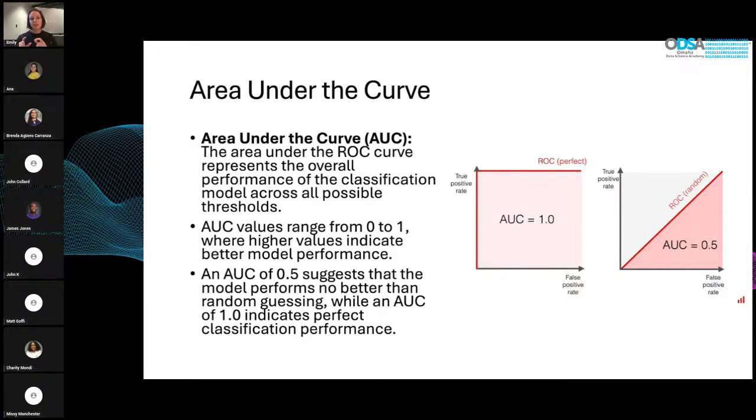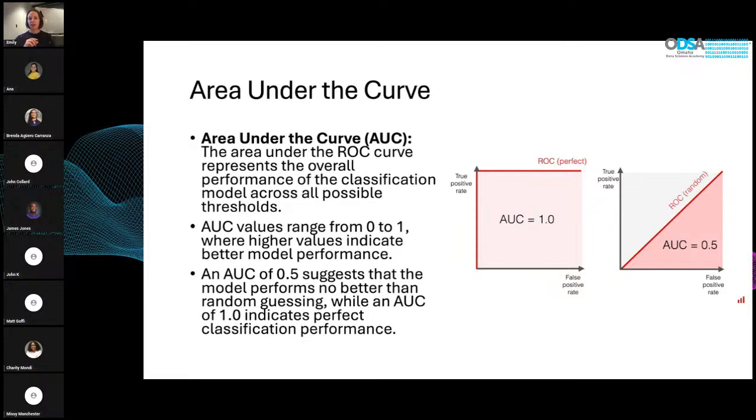So this is how you get one discrete value out of your ROC curve. If you want to say, what was the AUC of your ROC curve? This is that discrete value.